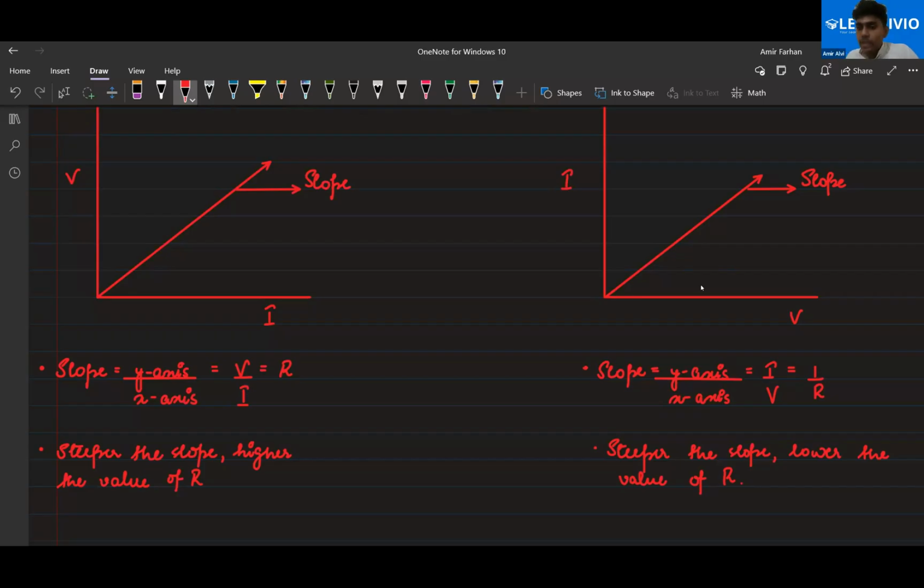Yes or no, everyone? If the slope is less steep, the resistance will be higher because it is inverse. And if the slope is steeper, the resistance will be lower. So that's why students get confused in the I-V graph and the V-I graph. Please let me know if it's clear to you, Aisha, Mariam, and Alvina.